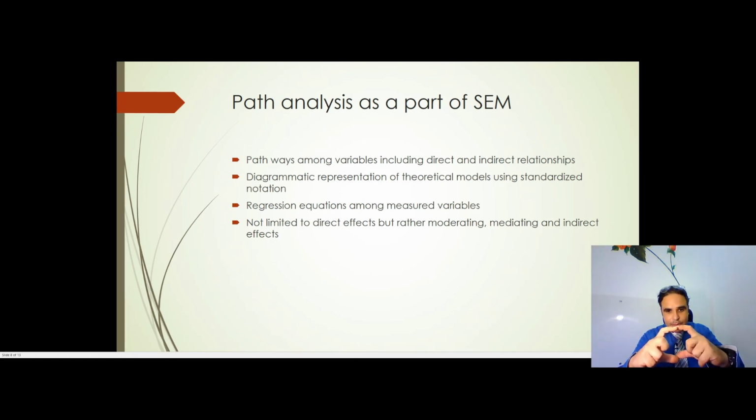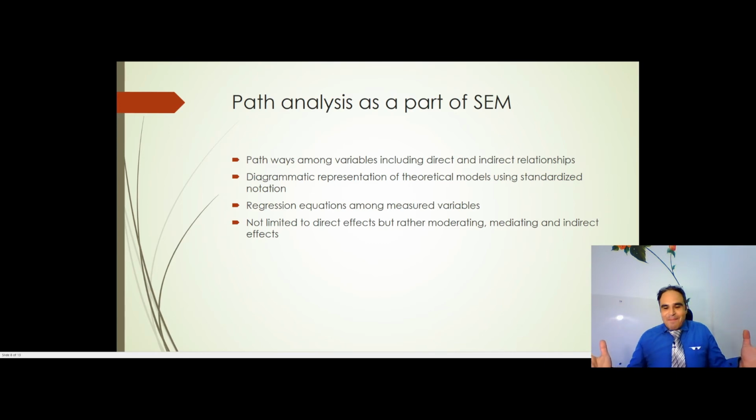Usually the ellipse form represents an abstract variable or a construct. Path analysis is preferred by scientists, especially those in the social studies, because they rely on diagrammatic representations of relationships among one variable and the other.